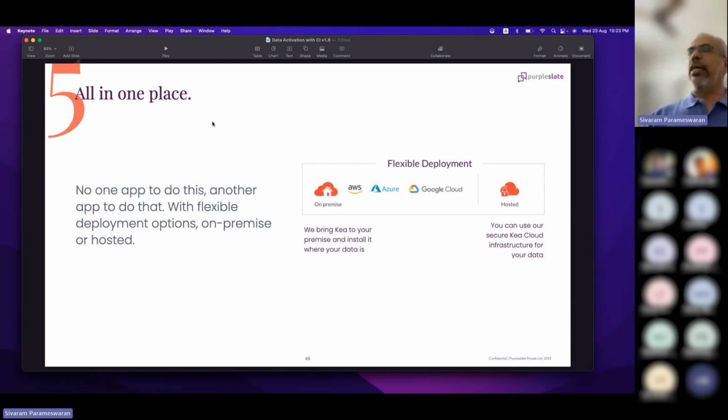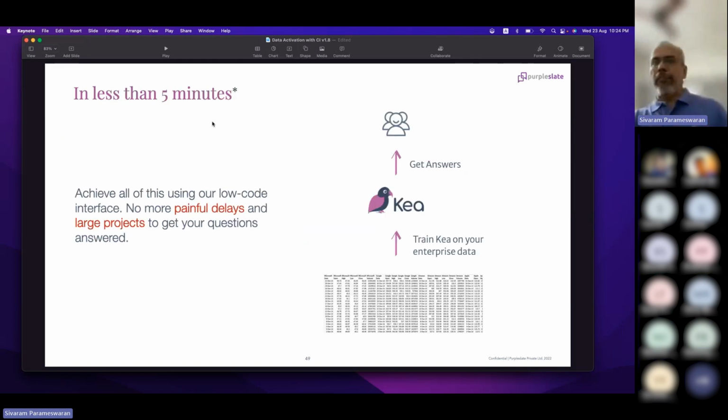The data doesn't need to be shipped. We bring the software, and it runs within your firewall, within your data center, or within your cloud instance. But at the same time, we do have a SaaS application as well. We have our own secure cloud, right? Very simple. In fact, that's the power of this whole platform.